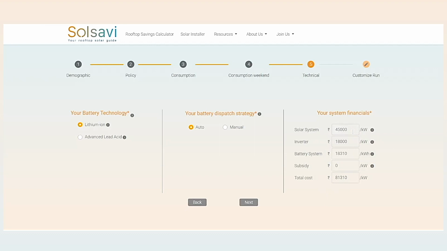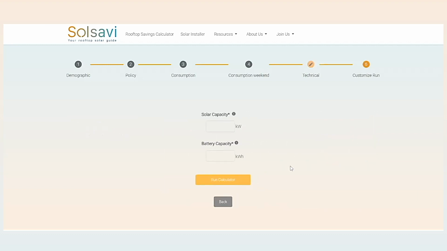So in this case, I defined it as a 45,000 per kilowatt solar system that I am going to install, because I have been submitted a quotation by my solar installer who has quoted me at this, and I want to know what is the financial feasibility of my system at that cost. After defining my financials, I select next, and now I get to define my solar capacities.